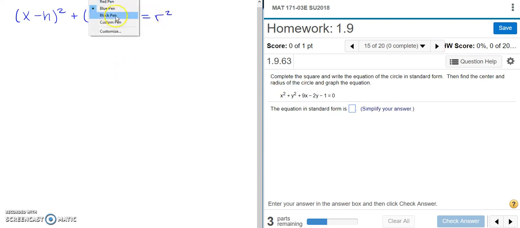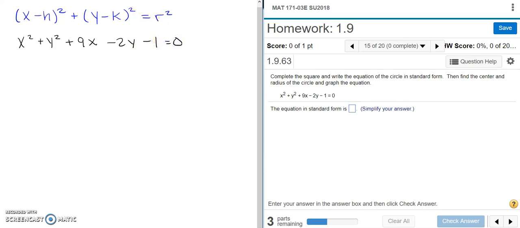So what we have is this guy in general form. There's a pretty similar setup for all of these when you are trying to convert these from general to standard. I kind of follow the same process every problem.